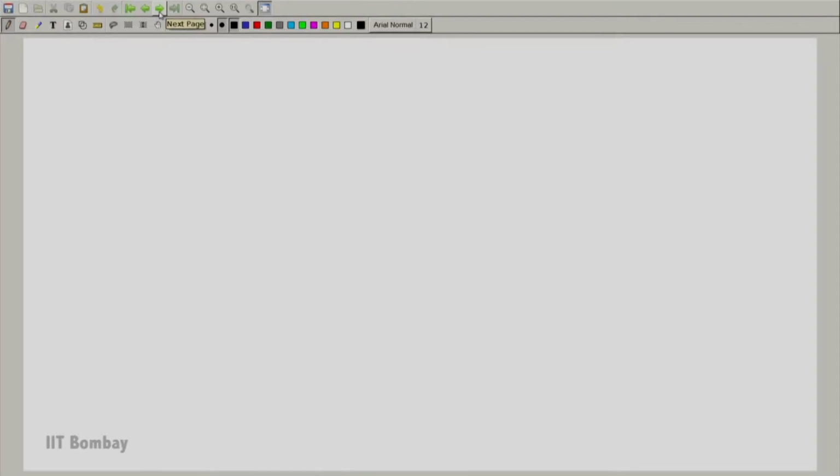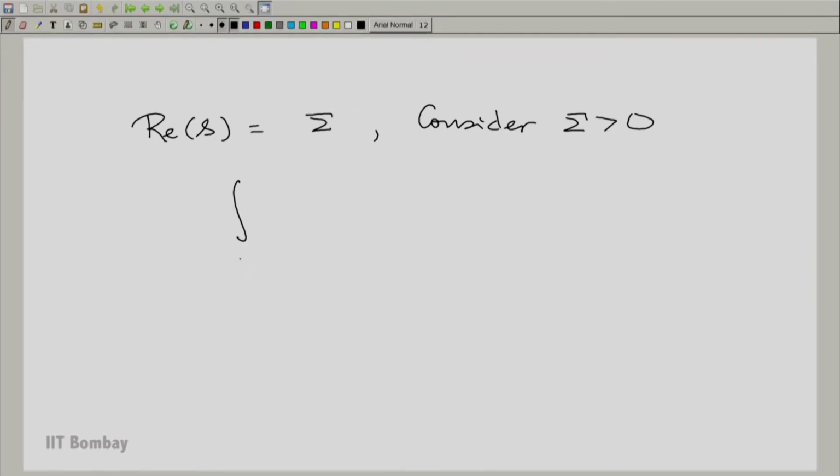So, one thing is very clear. Let us look at that clearly. Let us consider the real part of S to be equal to sigma, and let us consider sigma greater than 0 in particular. So, you have the integral from 0 to infinity of h t e raised to the power minus s t, so minus sigma plus j omega t, if you like, dt.